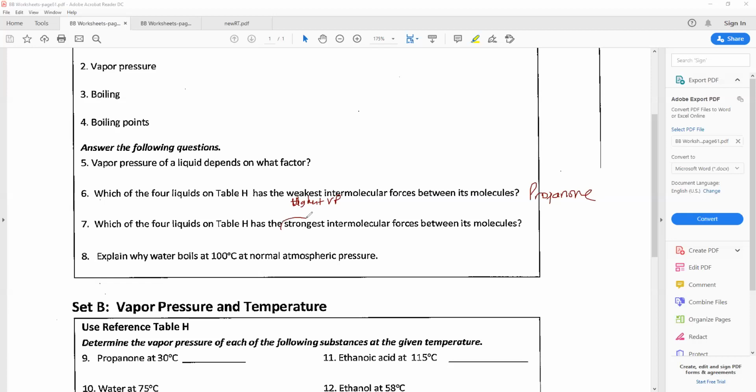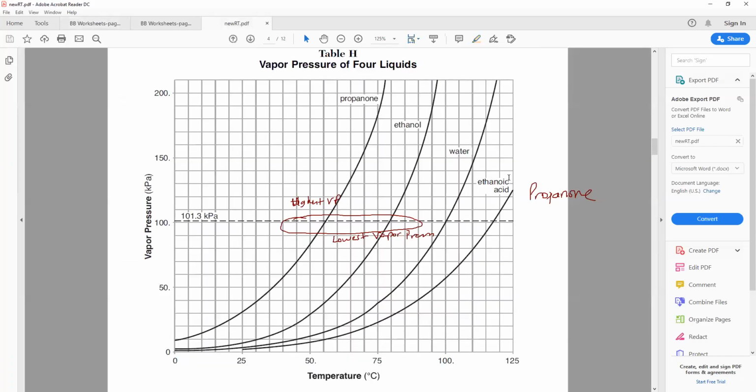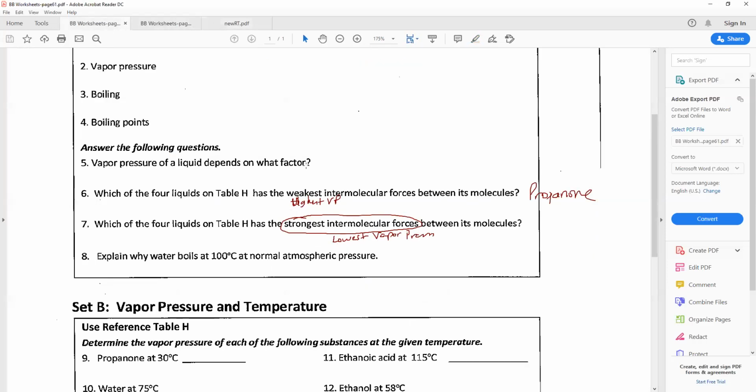Which one has the strongest intermolecular forces? The one with the lowest vapor pressure. Which one has the lowest vapor pressure no matter what? The lowest vapor pressure is ethanoic acid. It always, at any temperature, is going to have the lowest vapor pressure.